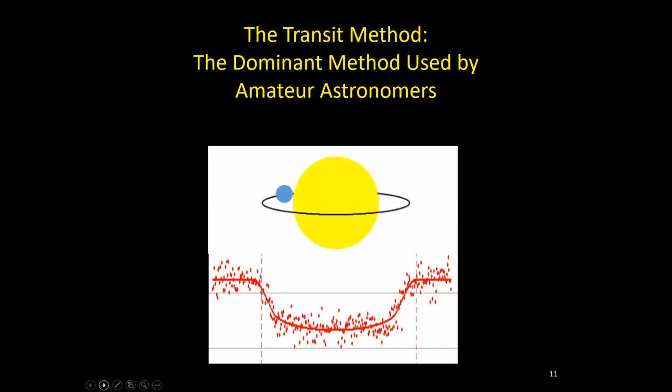And if one were to, in fact, take a look at the light of that host star, one would see that sort of bucket-shaped curve that you see at the bottom there, where there's a dip as the planet passes near the limb of the star. It's fully in front of the star, which is at the bottom of the bucket, and then it exits the star. We call that initial dip the ingress, and the last part of it the egress. Next.